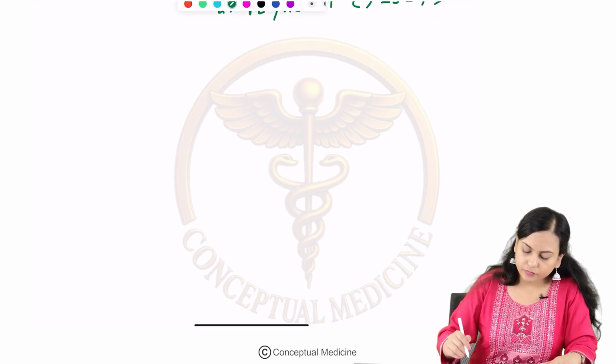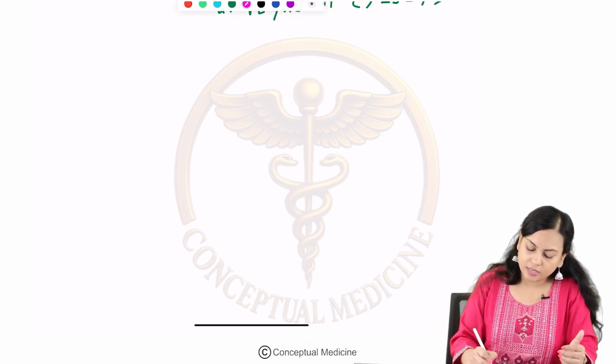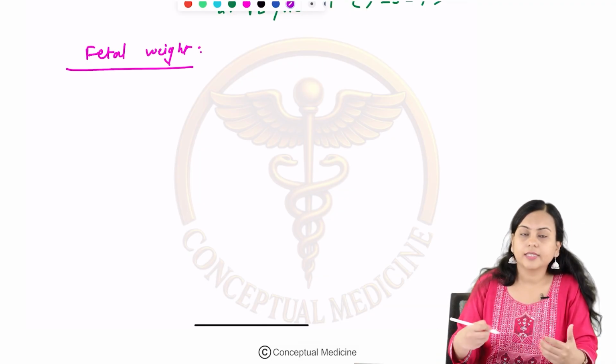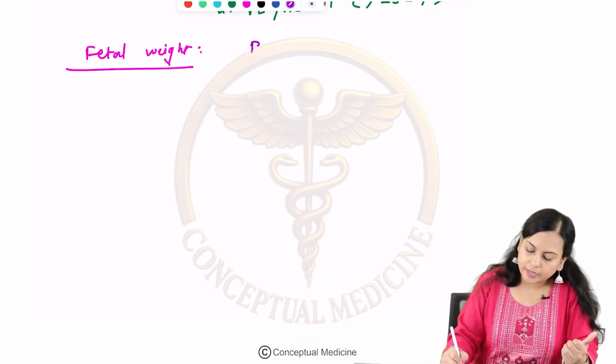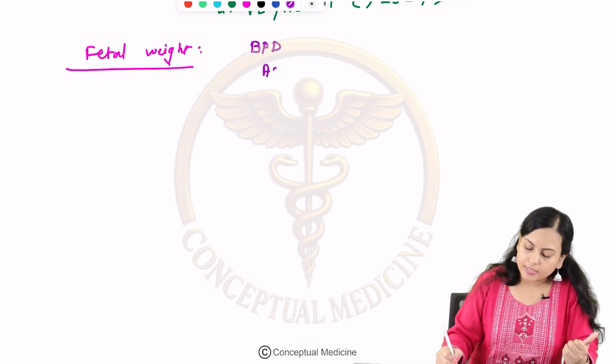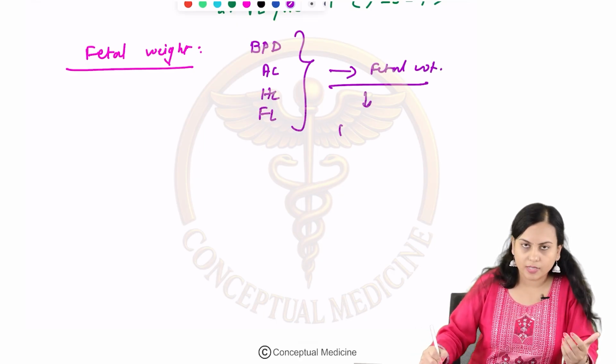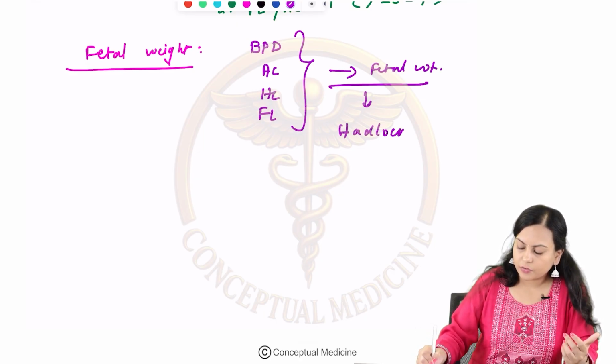Now, how do you calculate fetal weight? So, if you take fetal weight, all the calculated parameters including BPD, AC, HC and FL, all these can be used to calculate the fetal weight. Okay, you have so many formulas like Hadlock's formula, Shepard's formula, etc.